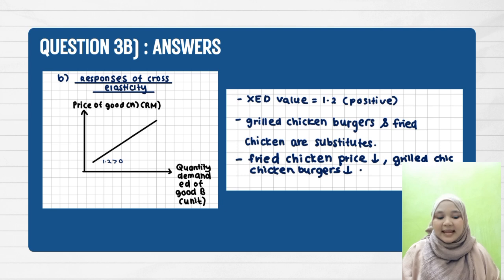The fast food chain can also make grilled chicken burgers more special by improving the recipe, adding new flavors, or highlighting the health benefits. This will help keep customers interested in the product. So, by taking these steps, the fast food chain can reduce the impact of the price change of fried chicken and maintain strong sales of grilled chicken burgers.